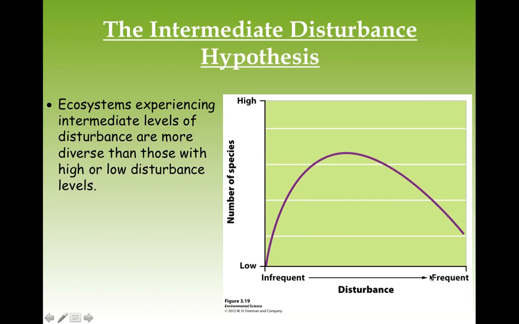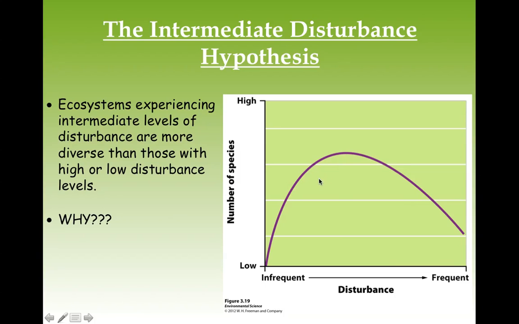Okay, so this is a really interesting theory, that ecosystems that have intermediate levels of disturbance, so not hardly any disturbance at all, over here, and then a lot of disturbance over here, are actually most diverse when there's this intermediate level of disturbance, okay? So you might think, oh, well, it would probably be best to have no disturbance, but it turns out if you're looking at species richness, the number of species, it's at that intermediate level where you have the most.